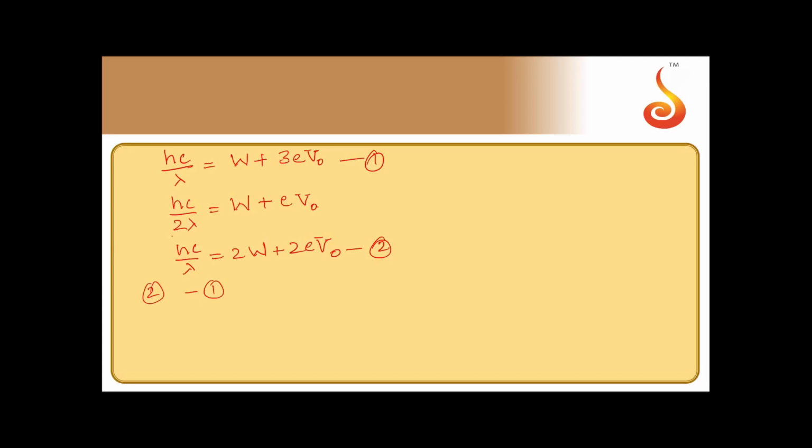So what do we get? Or else we can just equate the RHS. So instead of subtracting, if we just equate the RHS, W plus 3eV0 is equal to 2W plus 2eV0. So I will get W is equal to eV0.